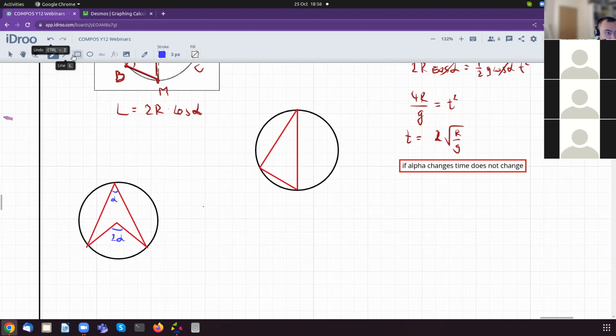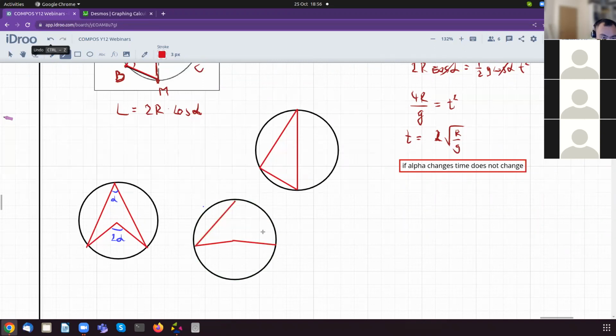So if you have a big angle, so if this is 180, this is going to be 90.